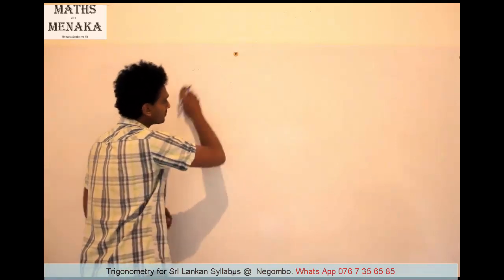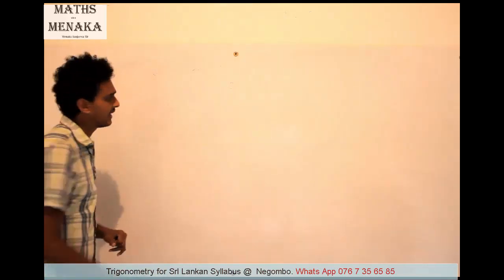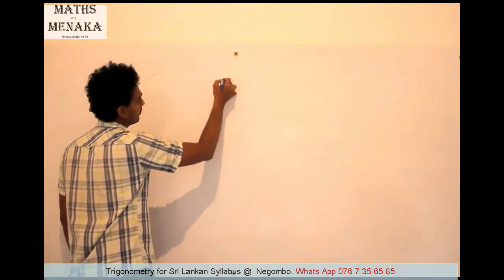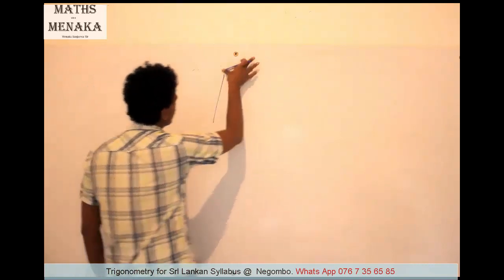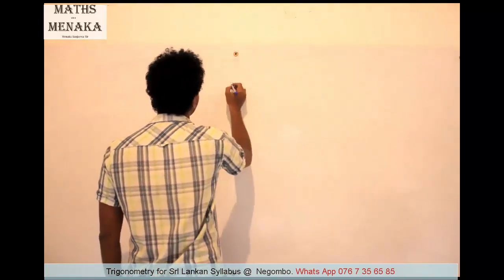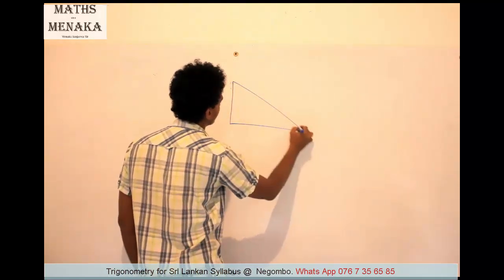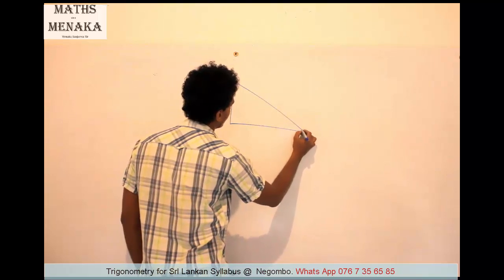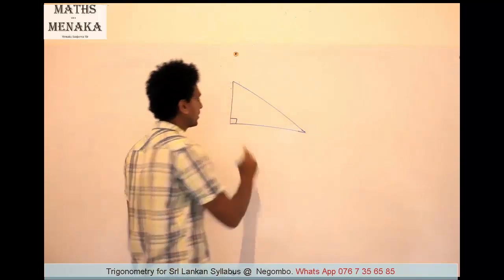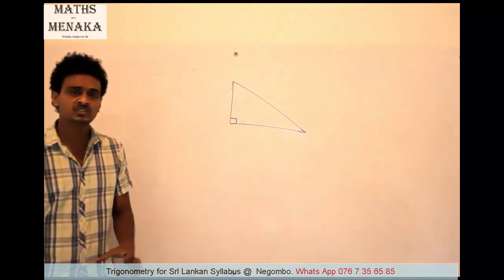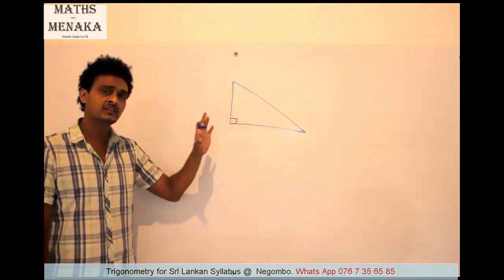We can use trigonometric ratios only for a right-angled triangle.